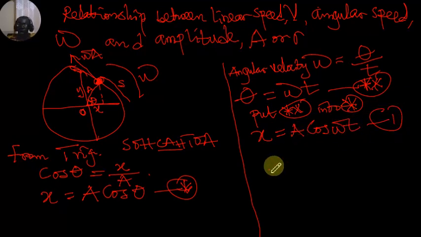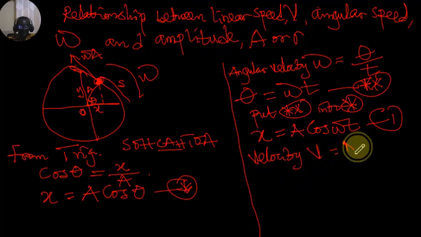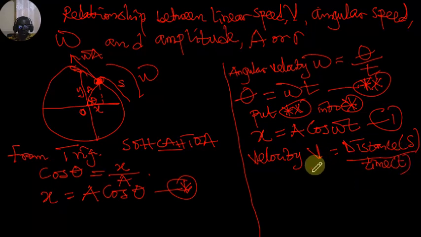Now by way of definition, we can say linear speed or velocity, which is v, is what? Your distance, which is x, over time, which is t. So here now we can have that velocity v is distance x over t.